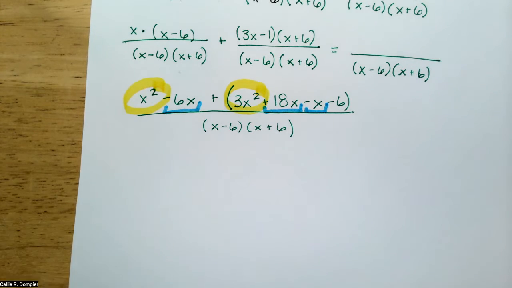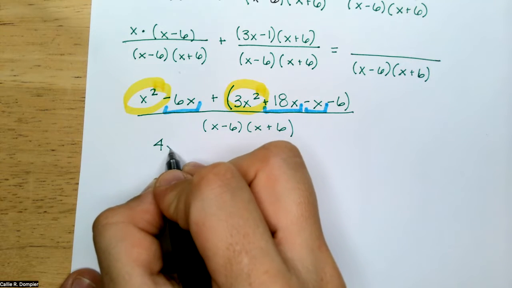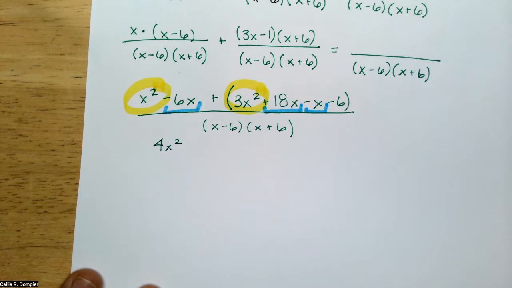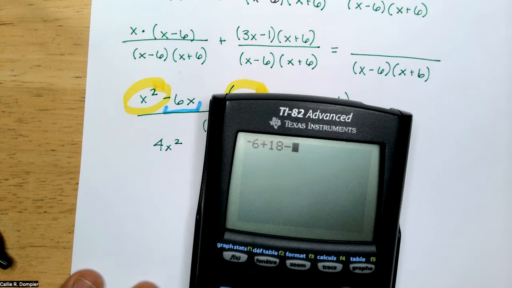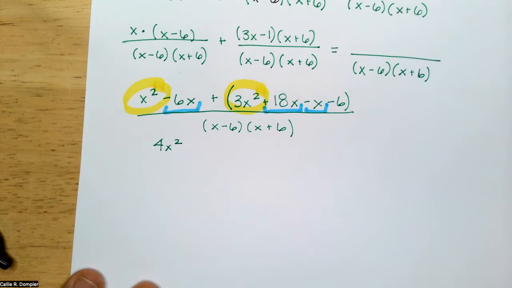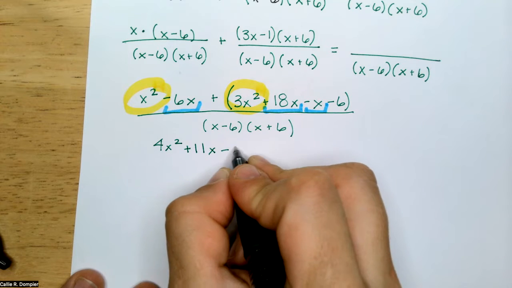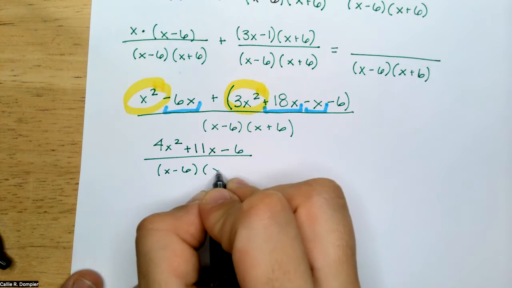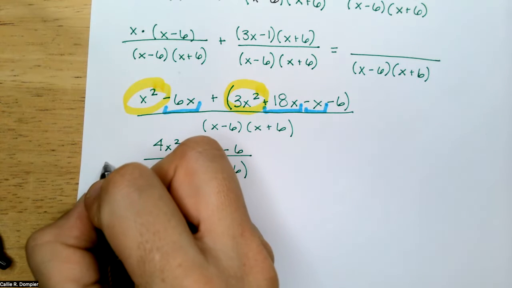So that leaves us with x squared plus 3x squared is 4x squared. Negative 6 plus 18 minus 1 is 11, so positive 11x minus 6 over x minus 6, x plus 6. And that would be our final answer for number 19.